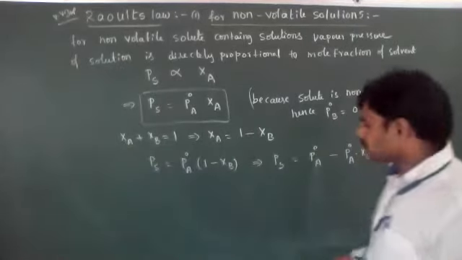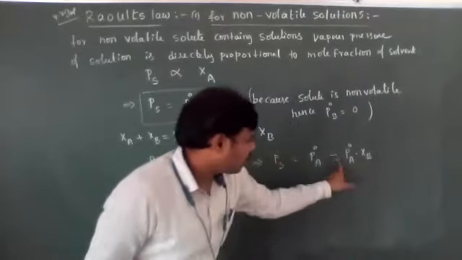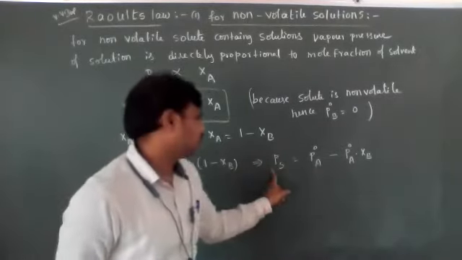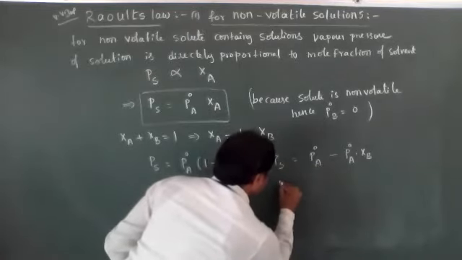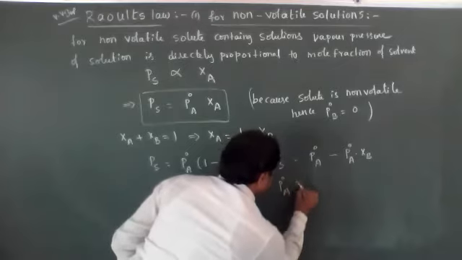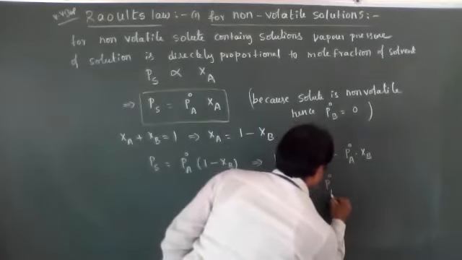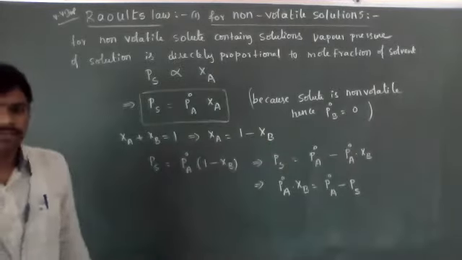Yes. Now, if you observe, the term P naught A into XB goes to the left side, and PS comes to the right side. Then P naught A into XB is equal to P naught A minus PS.